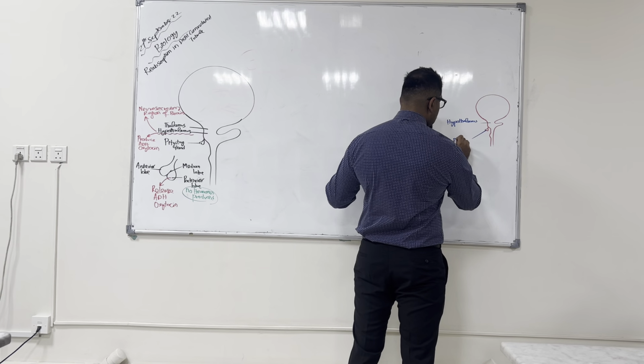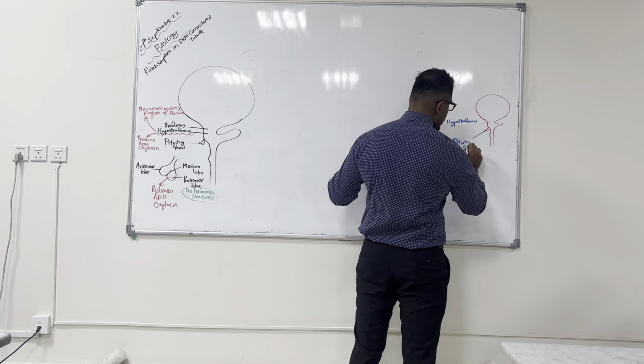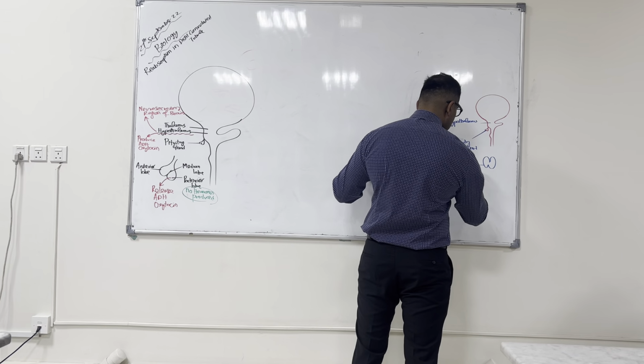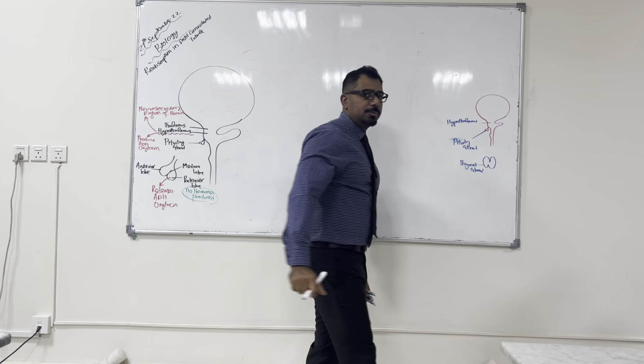Here, this is what? Pituitary gland. And here is your thyroid gland in your neck.